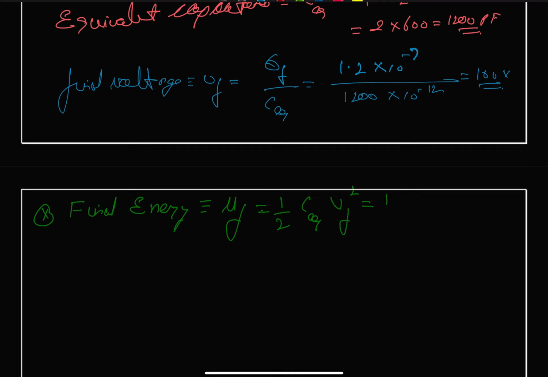C equivalent is our 1200 picofarad, 10 to the power minus 12, and VF is our 100 whole square. So we get our final energy is equal to 6 microjoules. We have to find out the energy lost.